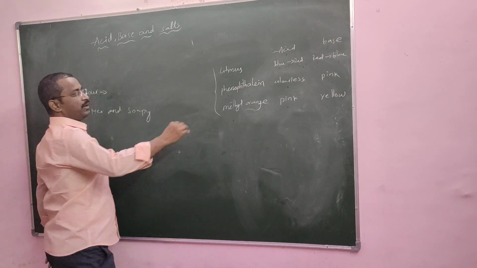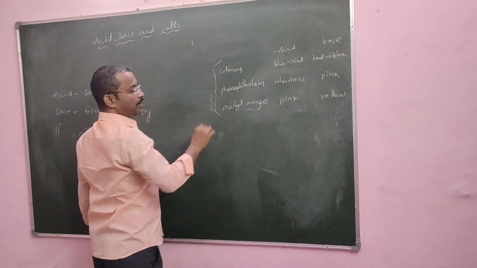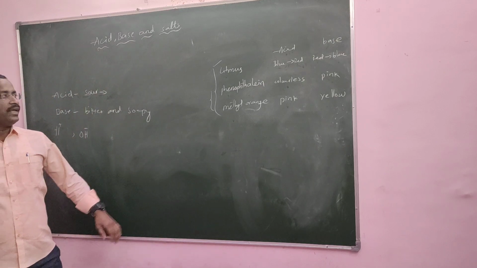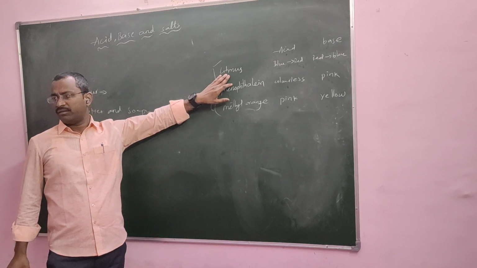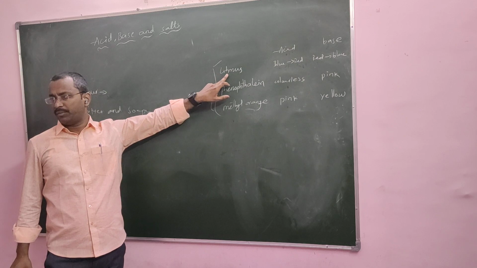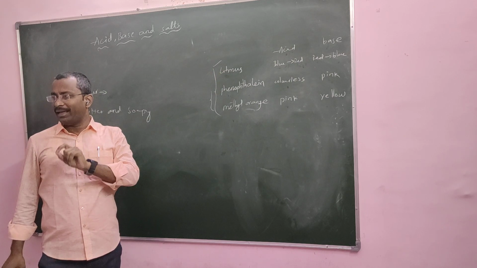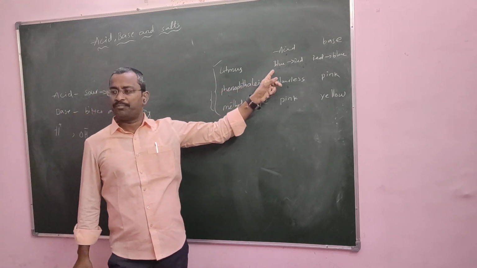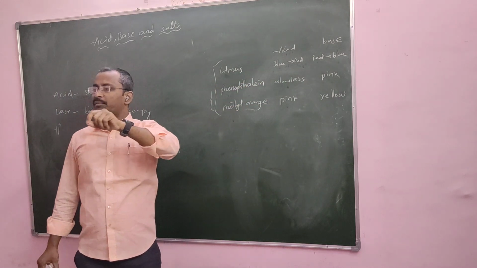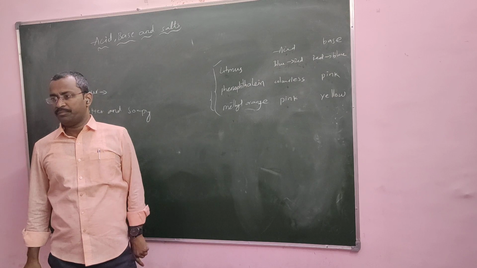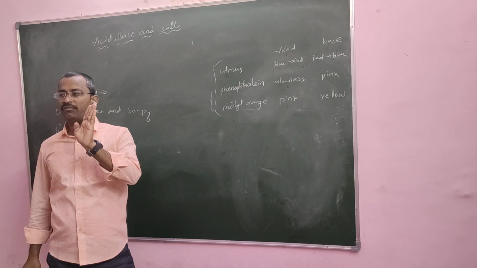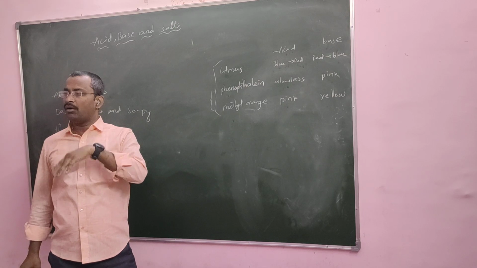What is the difference between litmus paper and phenolphthalein and methyl orange? Usually any substance can be checked with litmus paper by seeing its color, but we don't find an exact color difference in litmus paper. Usually we see it as a pink color, but we call it red.